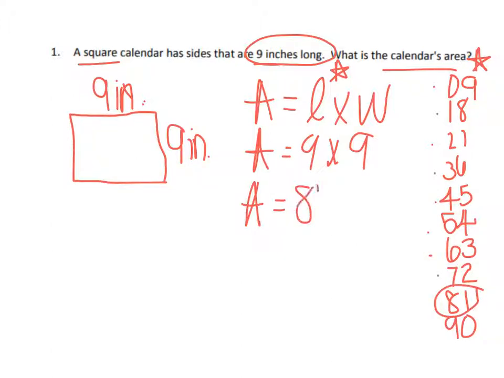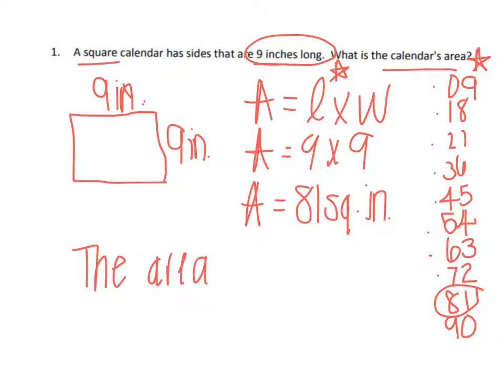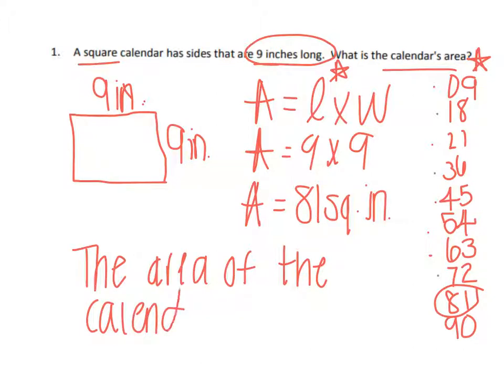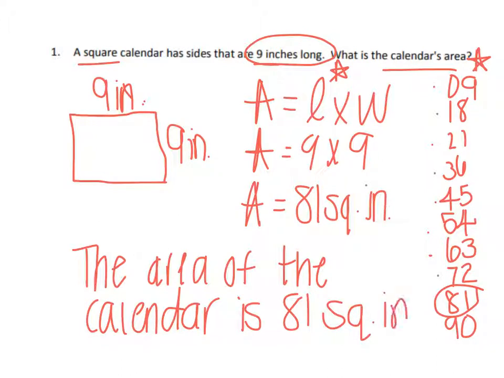So that's 81. So that means that the area is 81 square inches. Now let's write that as a statement. The area of the calendar is 81 square inches.